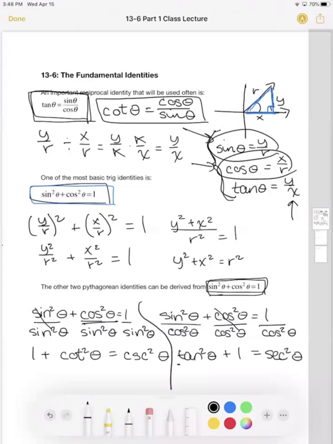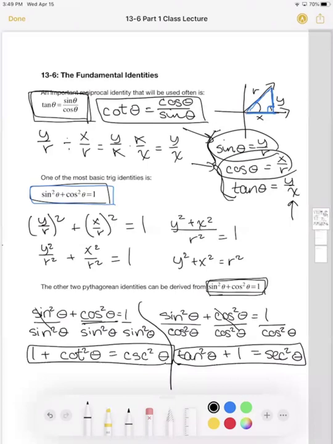So let me box that. Both of these are your second and third Pythagorean identities in trigonometry. These are statements that are always true, and can be proven to be true.